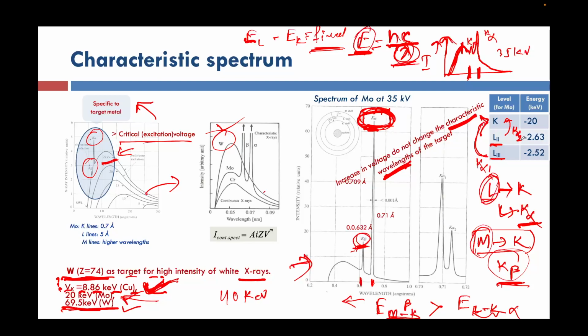Geometrically we are able to remove the K beta radiation because we only want K alpha radiation. Though we are able to eliminate K beta radiation, unfortunately we are not able to eliminate K alpha 2 radiation from K alpha 1 radiation.